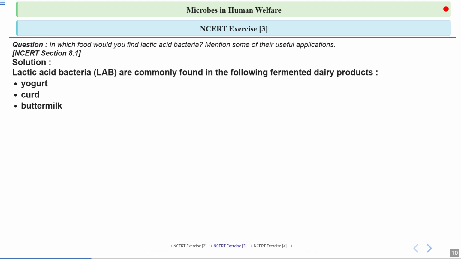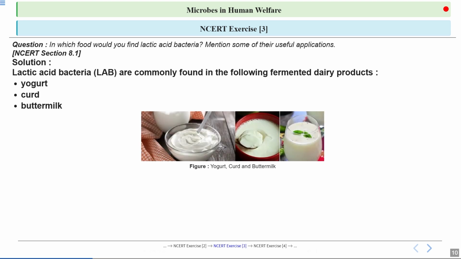In yogurt, you have a mixture of microorganisms. In curd, you have lactic acid bacteria. Then you have buttermilk. So these are the foods which commonly use lactic acid bacteria: yogurt, curd, and buttermilk.